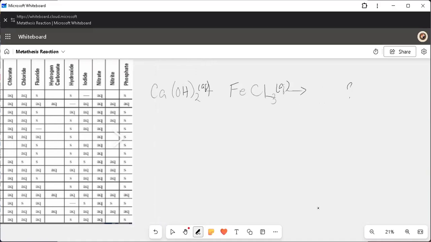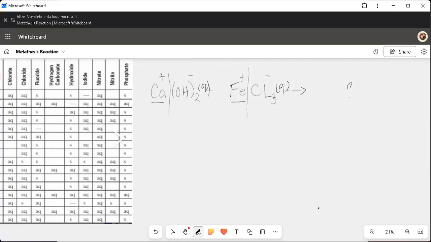Like I told you, split first the compounds into their ions. We have the metal here, so split it here. You have the metal here, split it here. This will take the positive, this will take the negative.